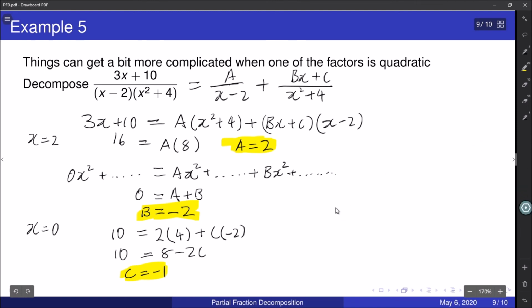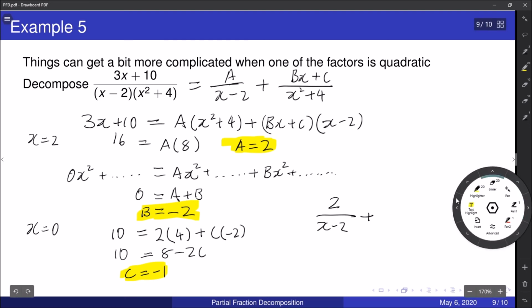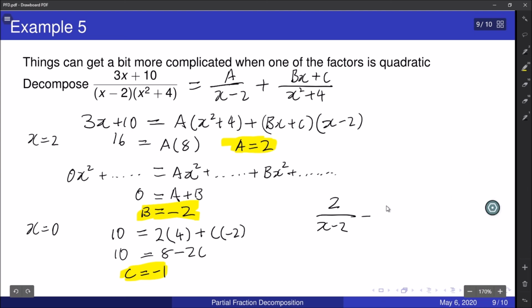And we just substitute everything back in. And we end up with 2 over x minus 2, actually, just make it minus, it's probably easier, minus 2 over x squared plus 4 minus 1 over x squared plus 4.